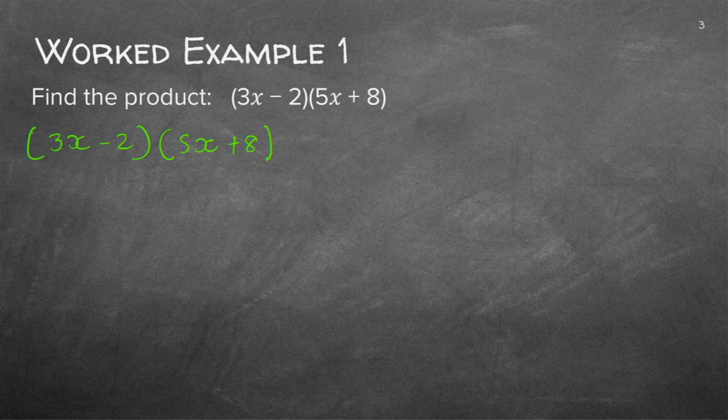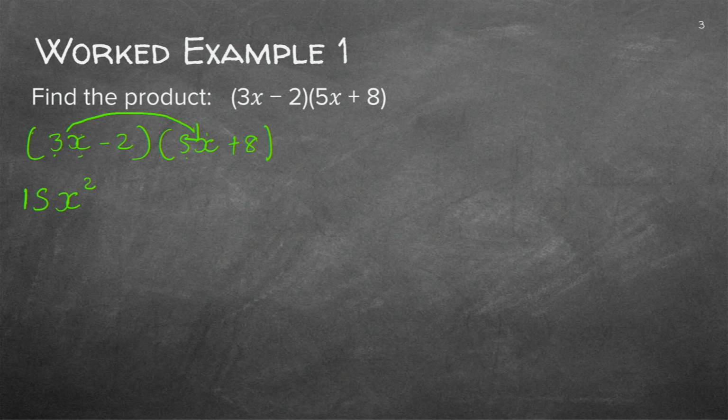So that is what we have at this point. The first thing that you do, you multiply the first part with the first part in the other bracket. So you multiply 3 and 5, you get 15, and you multiply x and x, you get x squared. So that is what you do first.